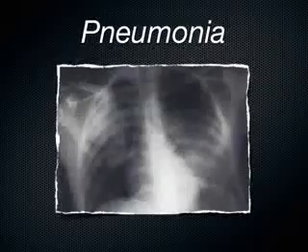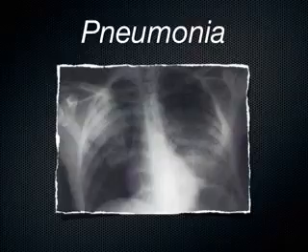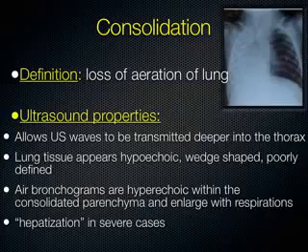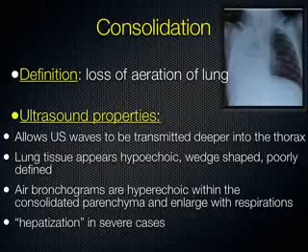And what is common amongst all infiltrates is that whatever is in the lung is replacing the air. So you can imagine that those normal air artifacts are going to be changed when you have pneumonia or consolidation in the lung. The other substance, whether it's fluid, pus, or solid tumor, will allow the ultrasound waves to go deeper into the thorax, and you're going to see more of the lung itself.